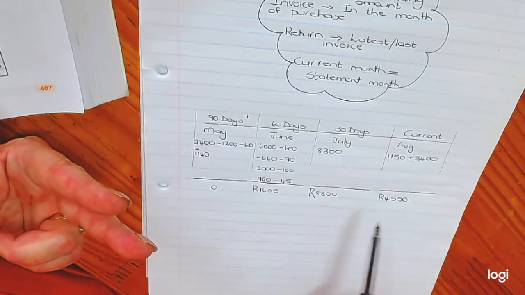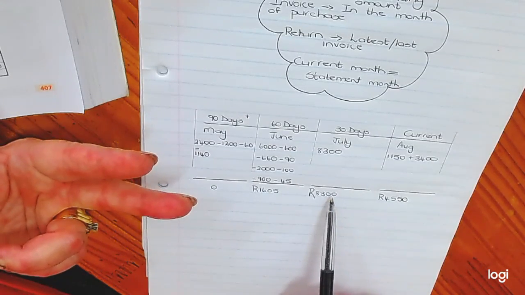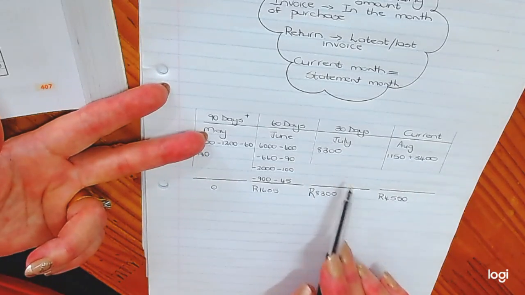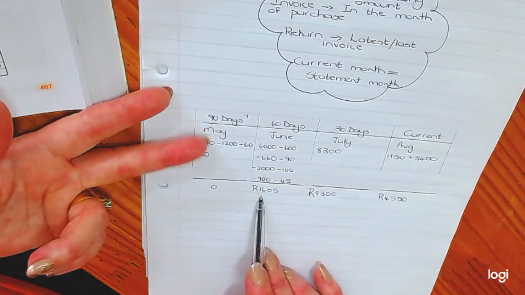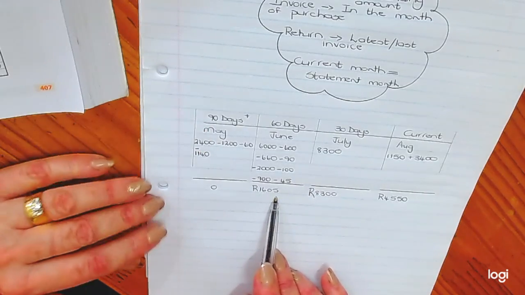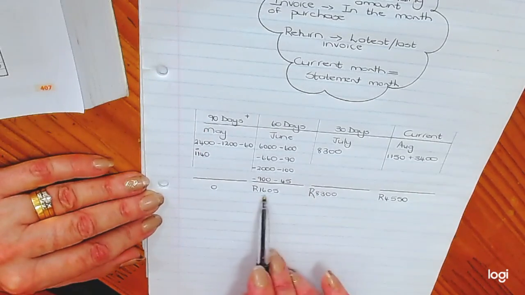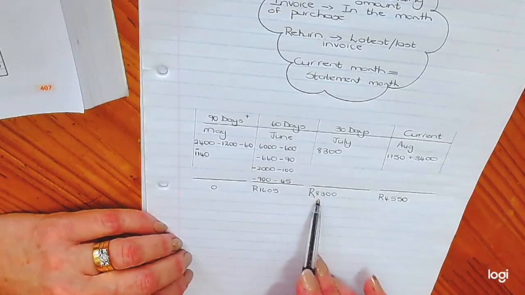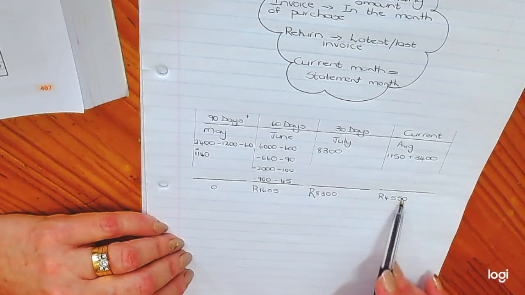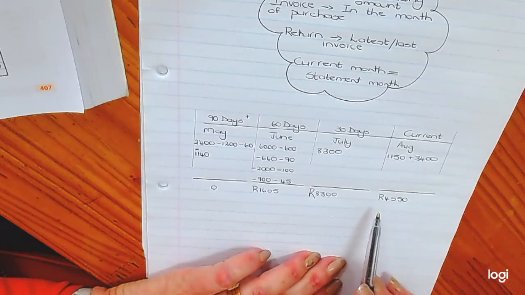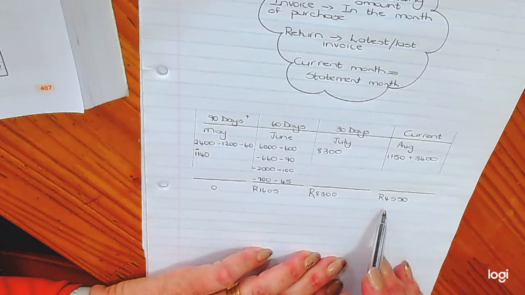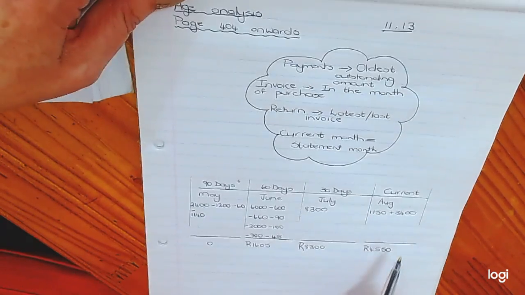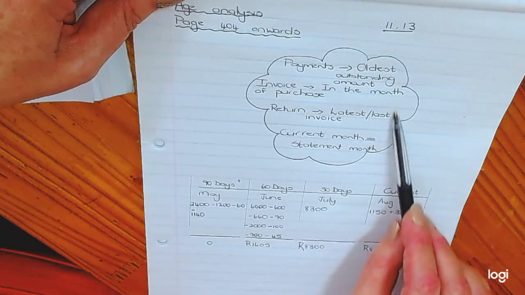Thirdly, we can also say that he has not paid a single cent for the July invoices because he hasn't finished paying the 1,605. So at this stage, he is 9,905 Rand overdue over and above what he is currently owing us. That is the purpose of my age analysis. Now you need to try and do your own, but it will be possible if you keep to that information that I've got there for you.